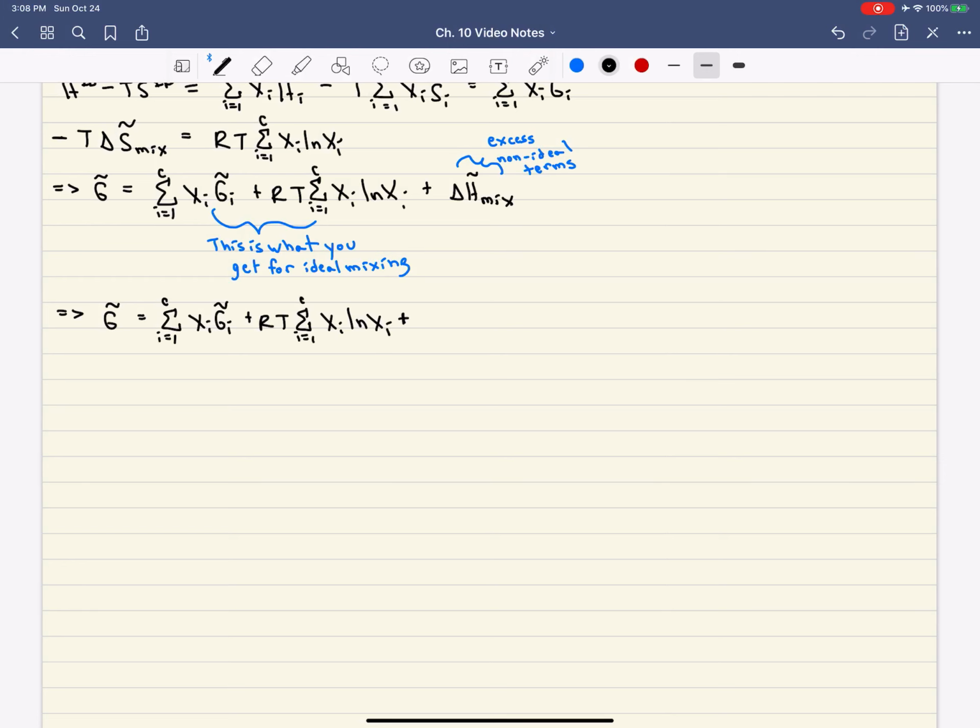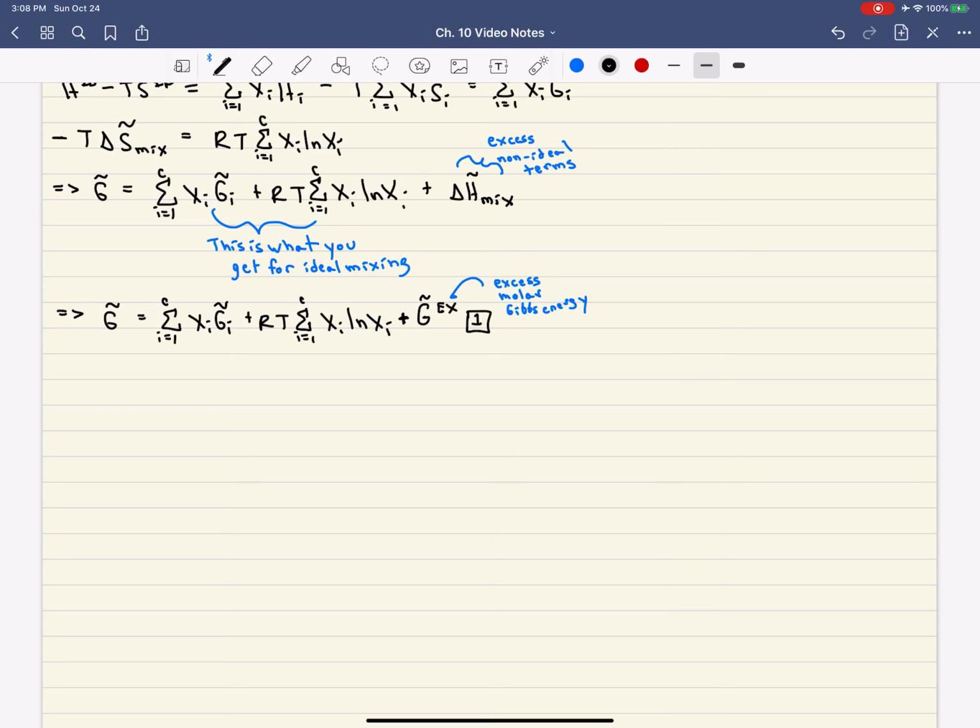And then, for the last term, instead of writing delta H mix, we could just rewrite it as G excess, or otherwise the excess molar Gibbs energy. Right. Call this equation 1.